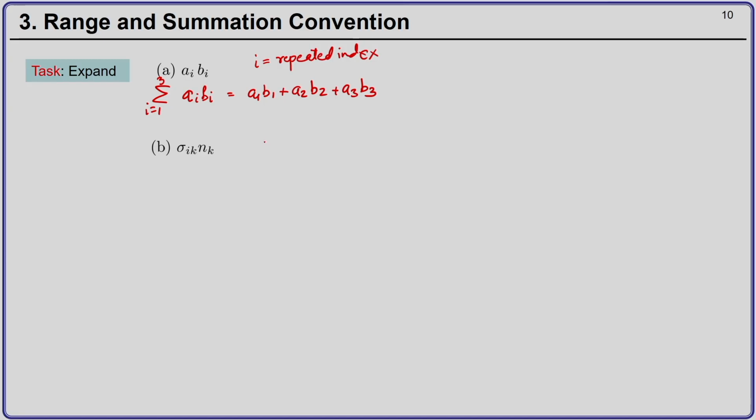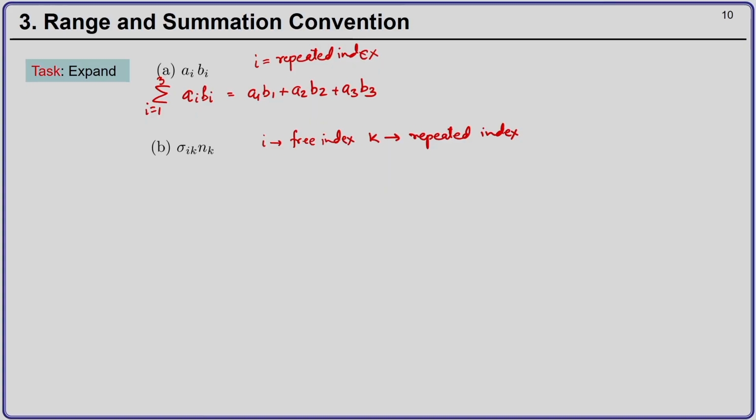We note here that i is a free index, and k is a repeated index. So, i will take values in its range 1 to 3, and k will take its values in its range 1 to 3. As I mentioned, if nothing is mentioned, we take the range from 1 to 3.